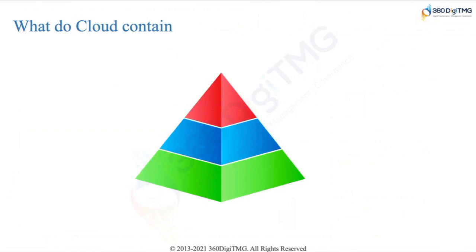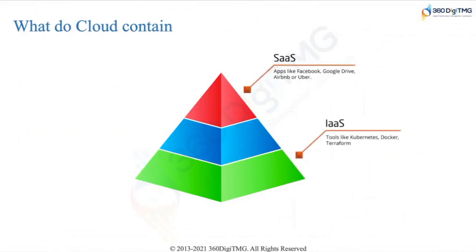Especially the enterprise grade clouds we are talking about, they provide on demand self services. And again, these on demand self services can be categorized into three types. Those are SaaS, software as a service, IaaS, infrastructure as a service, and PaaS, platform as a service.